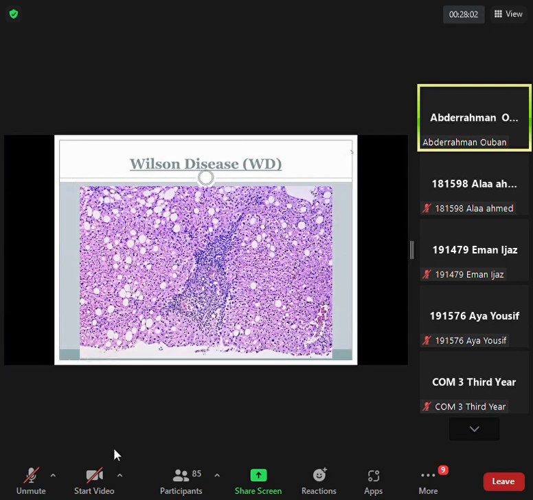All right, so here you see the injury in the liver that resulted from the deposition of the copper. And you can see that there is what looks like a lot of steatosis, one of the features that you see in Wilson's disease. Again, it's not diagnostic or even specific, because it can happen in other conditions.